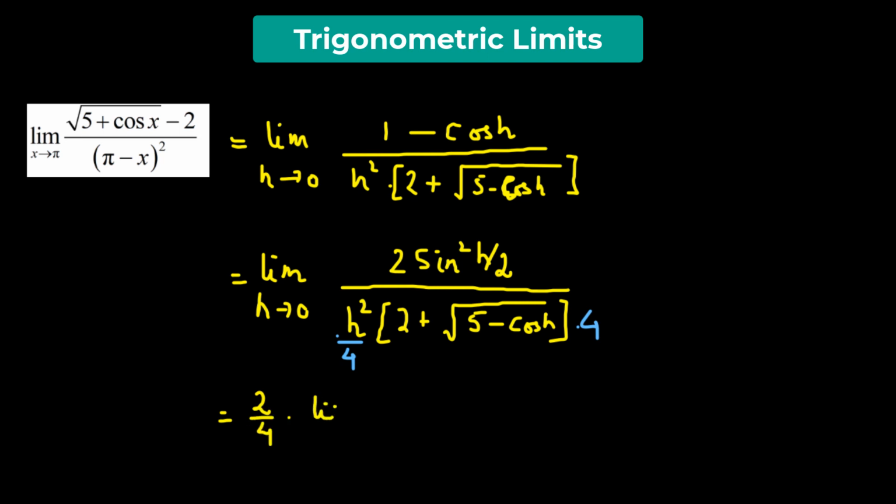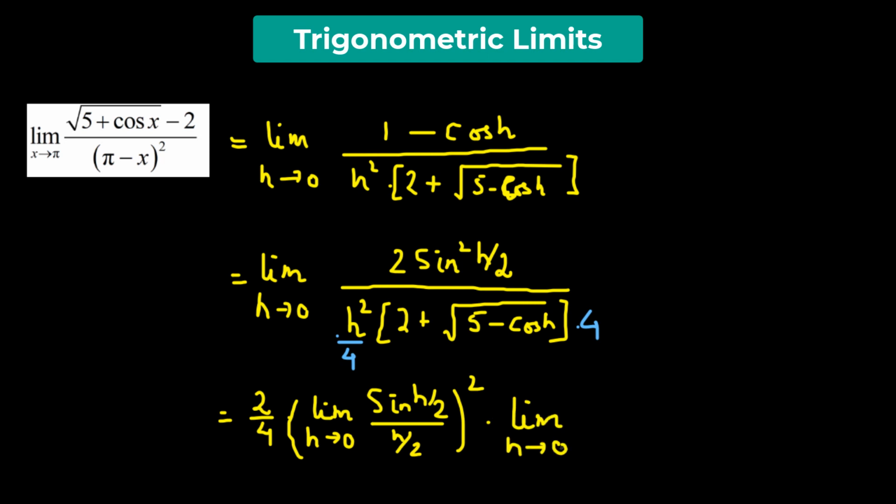times the limit as h approaching 0 of sine h over 2 divided by h over 2, whole squared, times the limiting value of the function 1 over 2 plus the square root of 5 minus cosine of h.